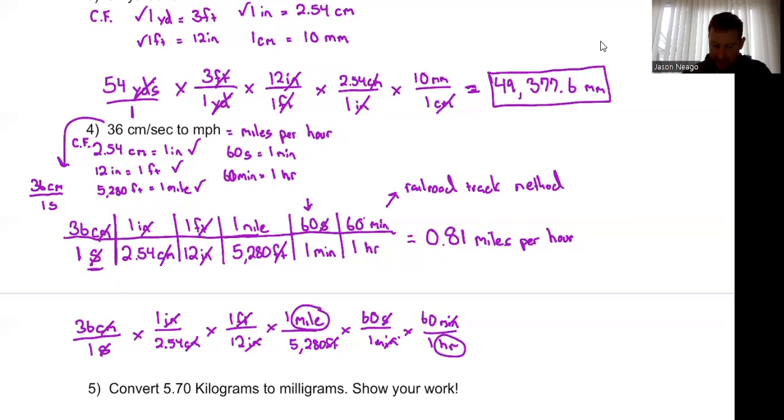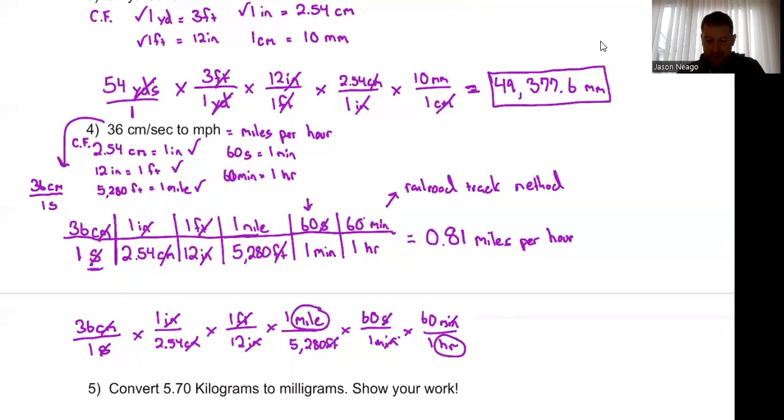And once again, I'm going to do the same thing. If I were to multiply these as fractions, I'd multiply all my numerators, then multiply all my denominators, then divide the product of my numerators by the product of my denominators. That takes 3 steps. The easier way is just to work left to right. If it's in the numerator, multiply. If it's in the denominator, divide.